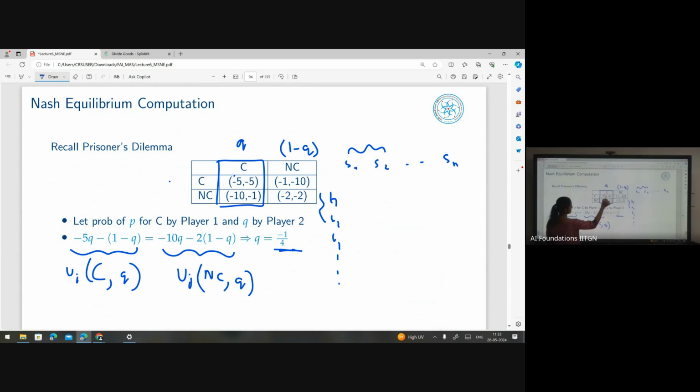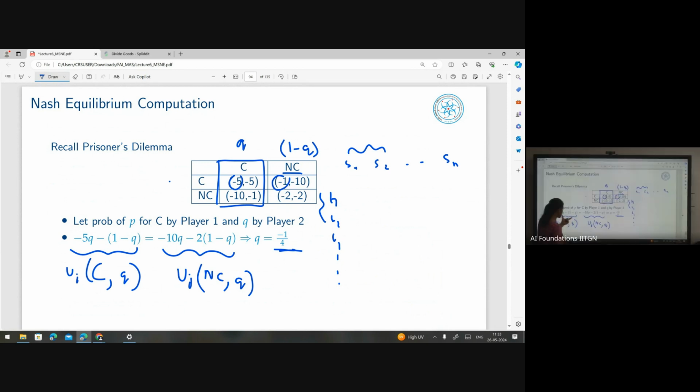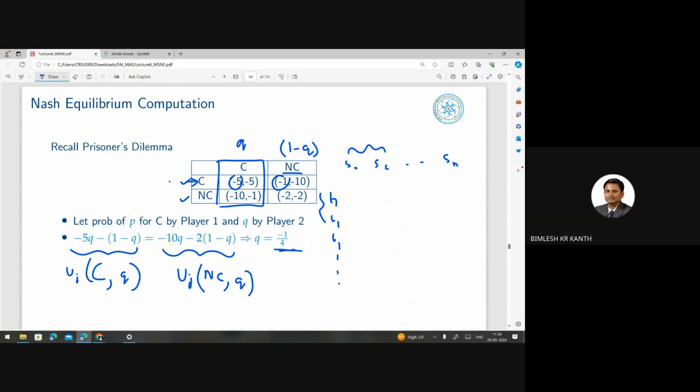And when player 2 plays NC, player 1 will still play C. So by equating, what you're essentially forcing is that player 1 should get equal utilities from both. But that is not going to happen because no matter what, player 1's utility here is more. So there is no way player 2 can equalize the utilities across these two strategies, because player 2 cannot force player 1 to play NC.